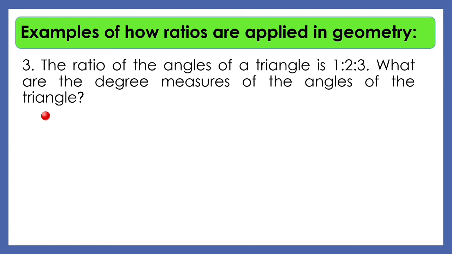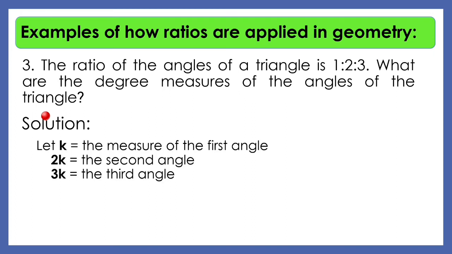For our solution, para makuha natin yung degree measures ng angles ng triangle, ilalet K muna natin yung measure ng first angle. Saan galing yung K? So, 1 times K. For the second angle, we will let 2 times K or 2K.